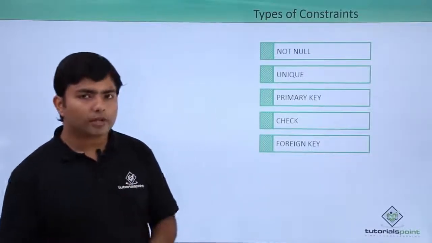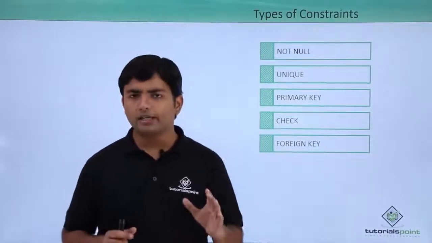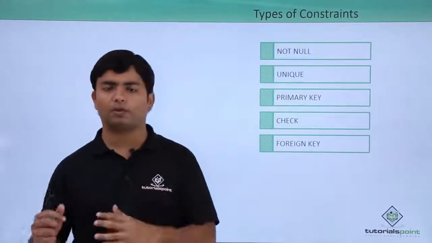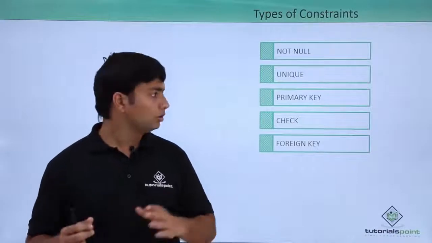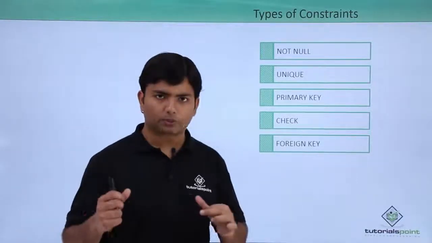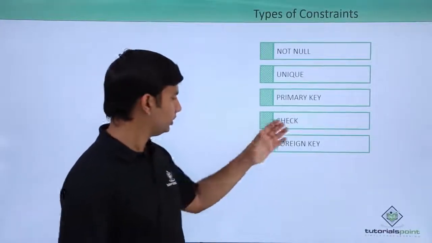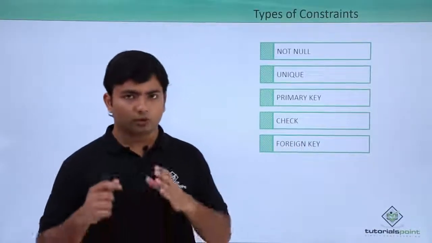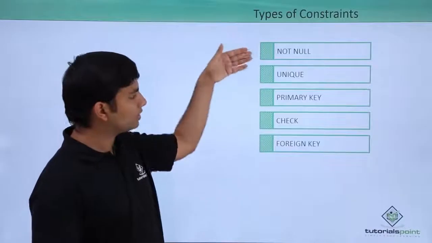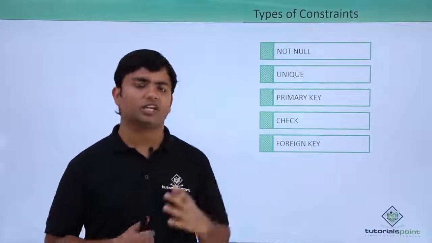So I want to make sure any employee is working in a department which is there in our organization. To ensure that, we should pass the referential integrity using the foreign key. In our coming videos, we will start applying each and every one of these constraints individually.